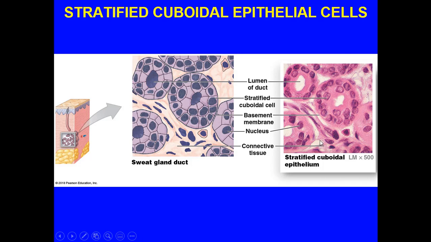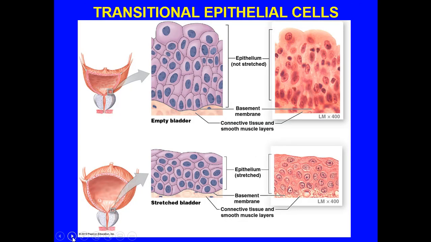And you have some connective tissue in between these ductworks, but basically what you've got are just multiple layers here that are involved in processing the liquids and conveying this material in the sweat gland duct.